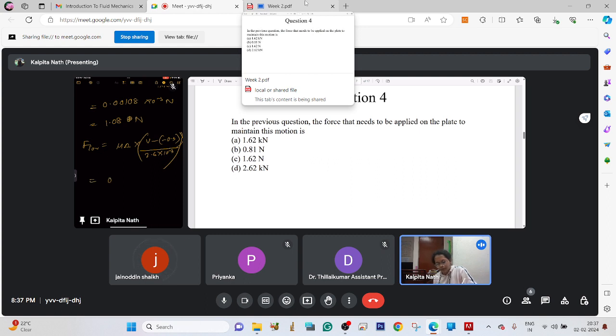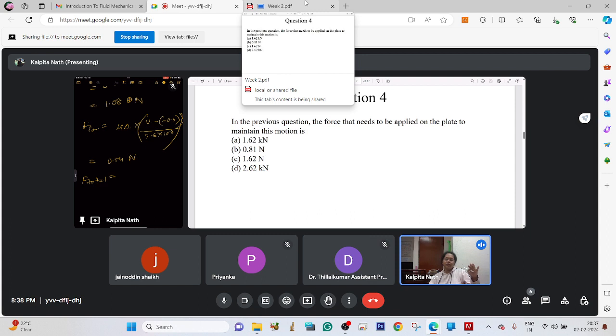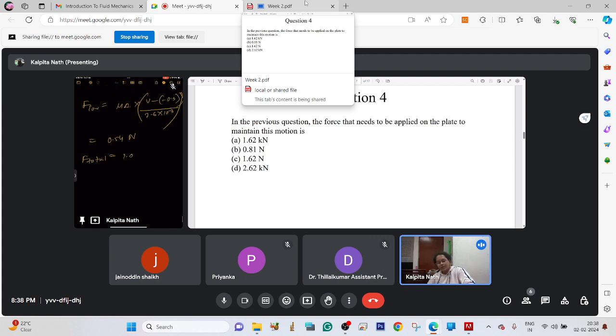So this will come out to be 0.54 Newton. So the total force on the middle plate will be 1.08 plus 0.54, so this will be 1.62 Newton, that is C. Okay, next question now.